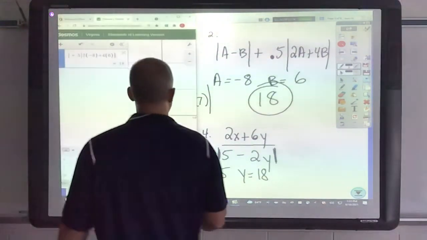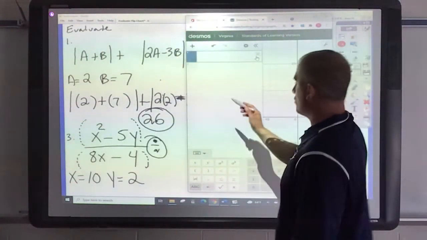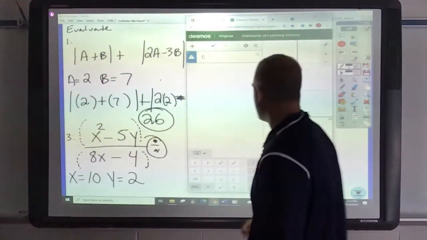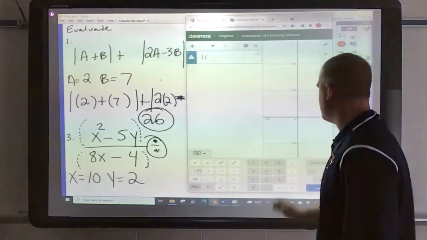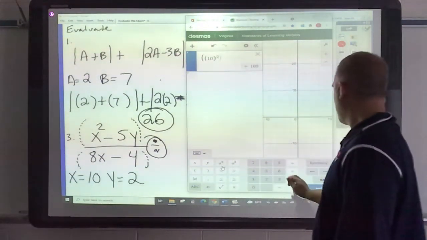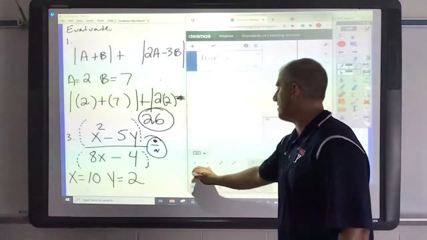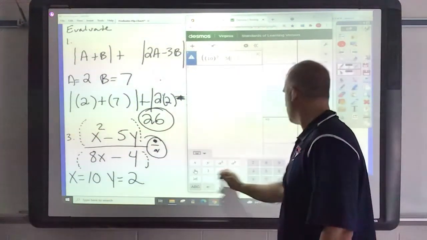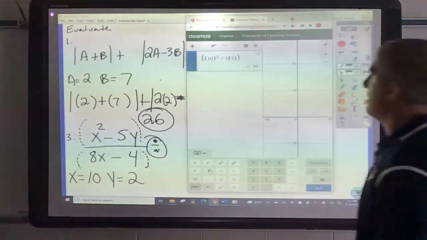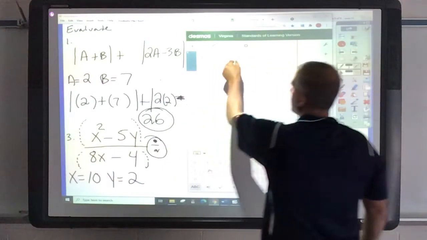So the way this would go in, I would start parentheses. Now, I'm going to replace that x squared with a parentheses. So parentheses 10, close them, squared. Minus 5, parentheses, my y is 2. I would close it around the 2, and then I have that extra set. I replaced the x, I replaced the y.